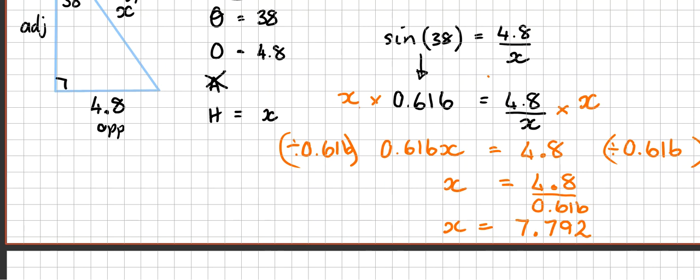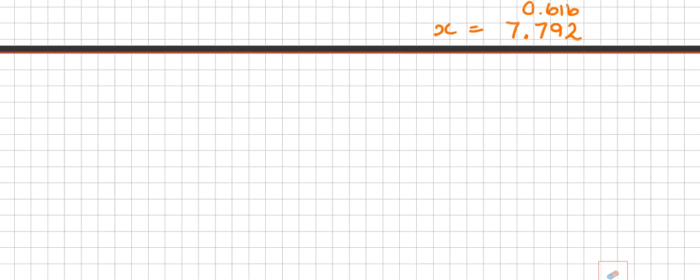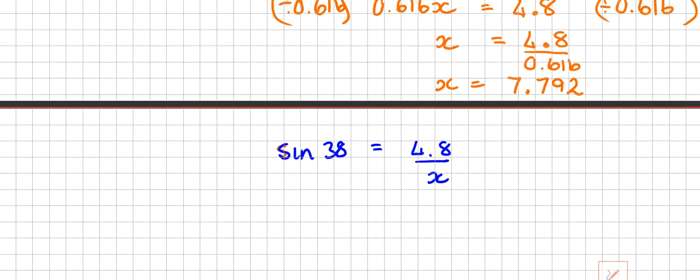Let's just have another look at this then. So I'm just going to write this again. So what did we have? Change the colour. We're going to have sine of 38 equals, what did we have? 4.8 divided by x. Now, what it ended up with looked like this, yeah?